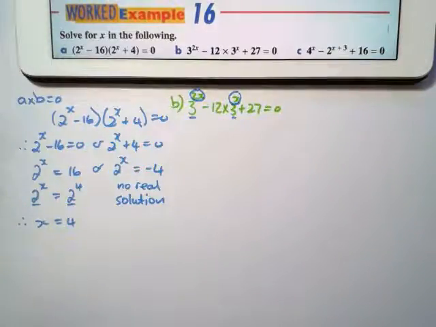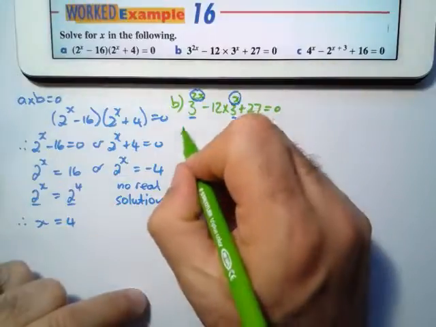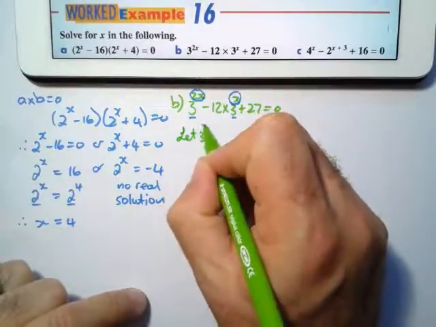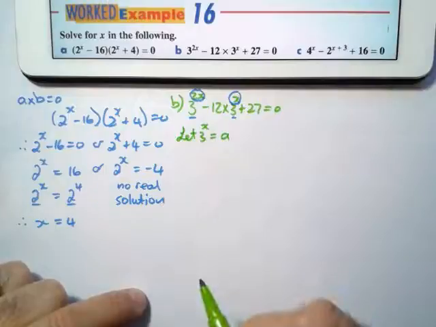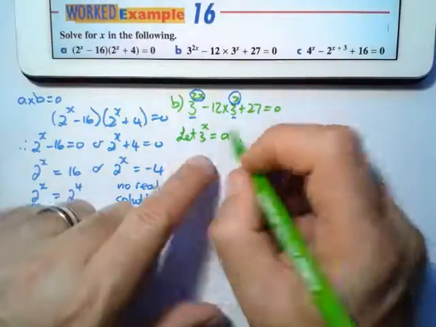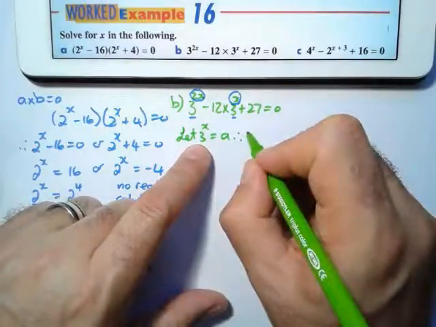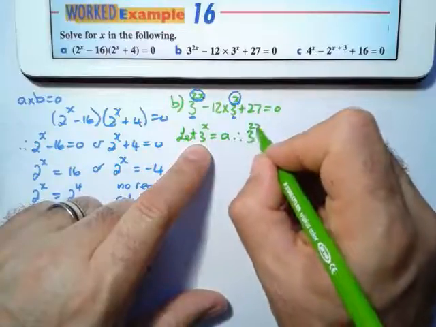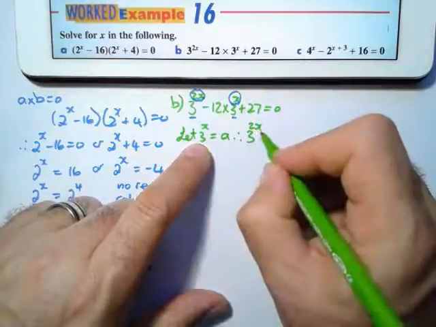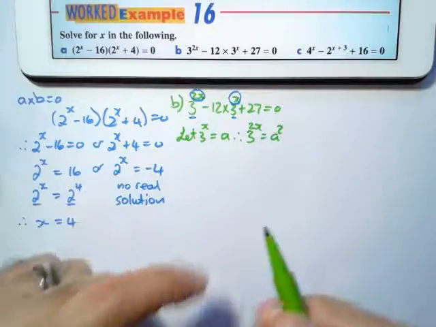So I can do the following. I can say let 3 to the power x equal a. Then if I square both sides, then 3 to the power 2x, which is (3 to the power x) squared, must equal a squared.